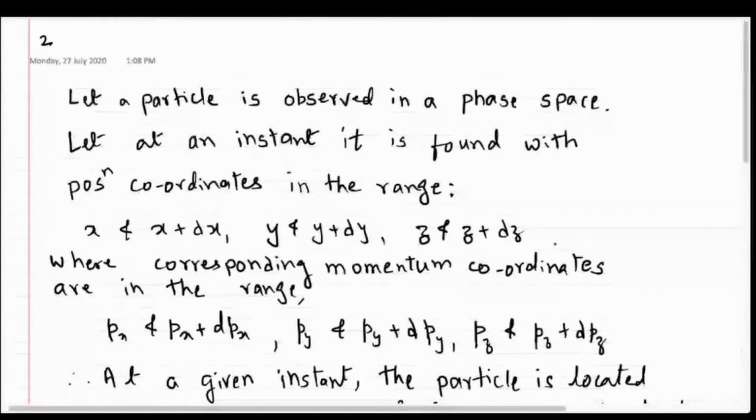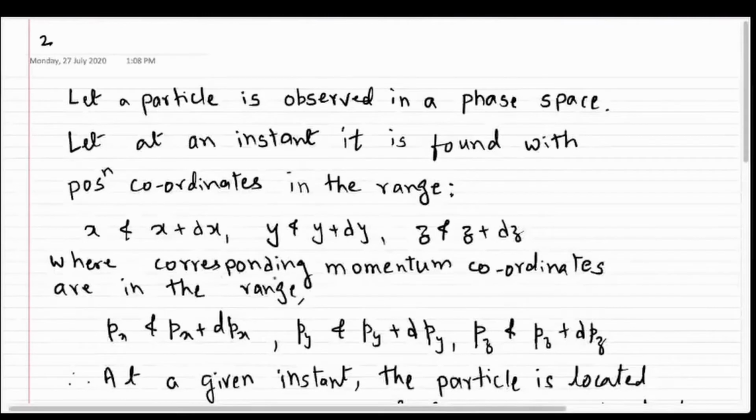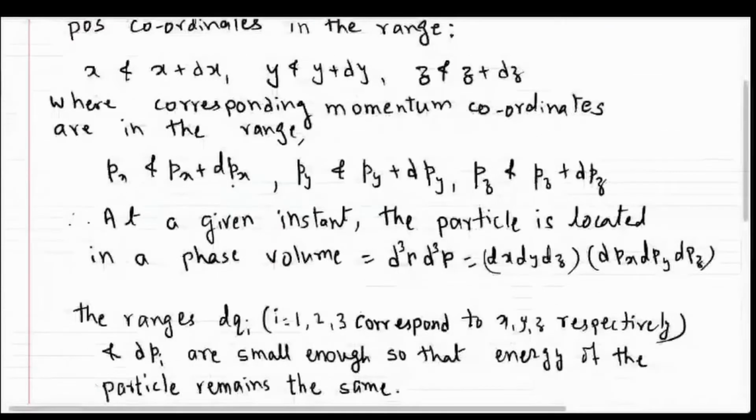And then at the same time, we have to also give its momentum coordinates. So when the position coordinates have the range x to x plus dx, y to y plus dy, z to z plus dz, the corresponding momentum coordinates will be in the range px to px plus dpx, py to py plus dpy, pz to pz plus dpz.